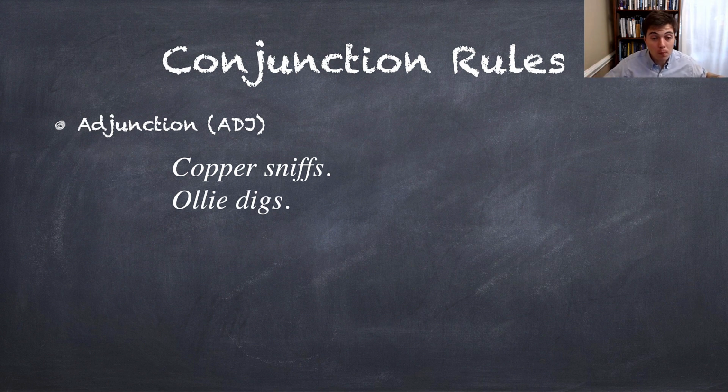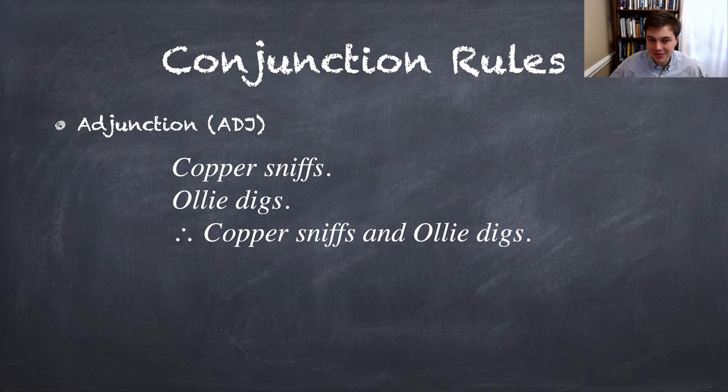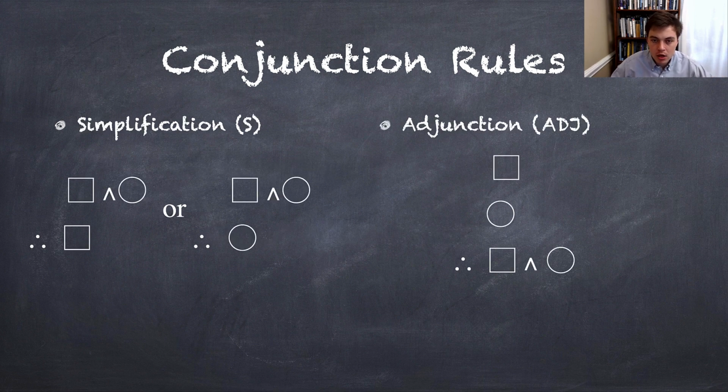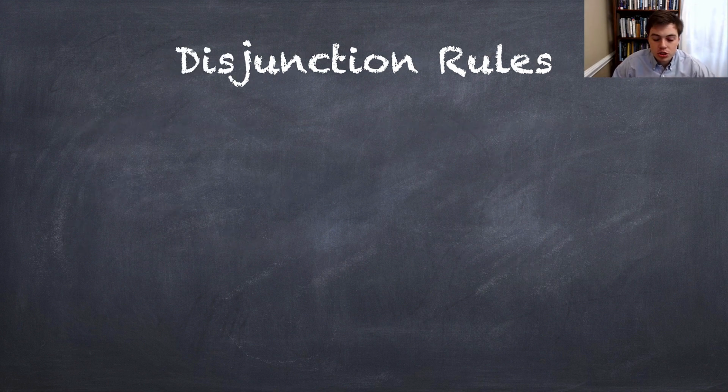Then you know both Copper sniffs and Ollie digs. Pretty straightforward. So those are your two conjunction rules. The left-hand rule, simplification, or S, is an elimination rule for conjunction, and the right-hand rule, adjunction, or ADJ, is an introduction rule, a way to get from non-conjunctive sentences to a conjunctive sentence, or a conjunction.